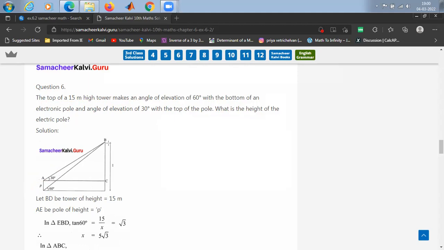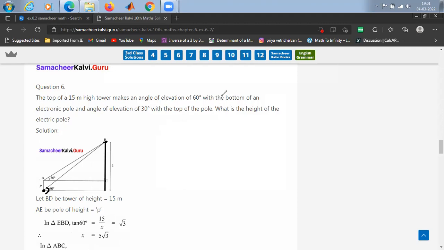So assume this as 15 meter. You're standing here and you're looking at the top of a tower with the elevation of 60 degree.